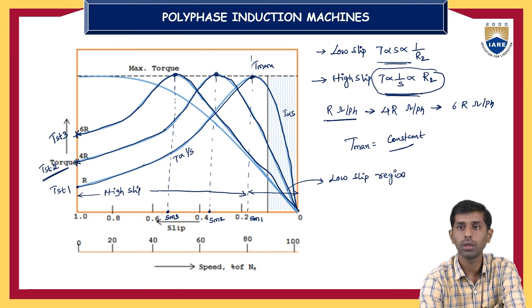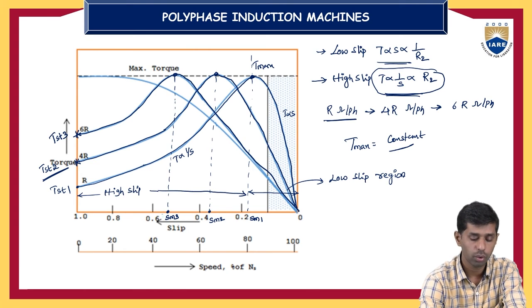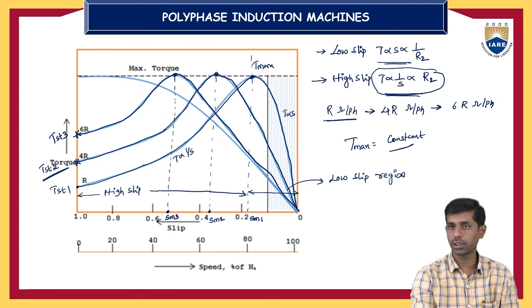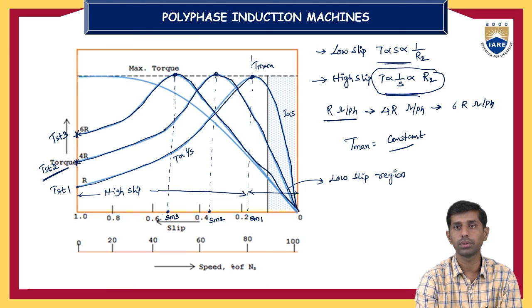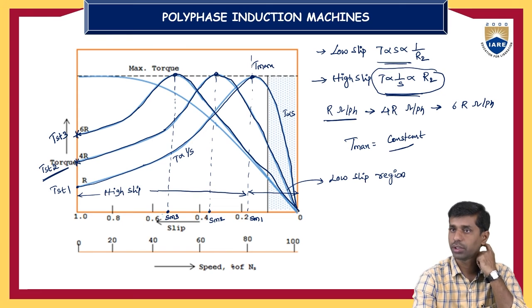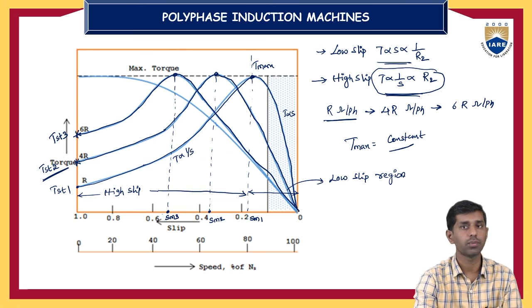That will be SM1, which is close to 0.2, and when the rotor resistance is increased from the initial resistance to 4 times, your slip will increase to close to 0.4, and then close to 0.5. Slip is increasing when your rotor resistance increases.